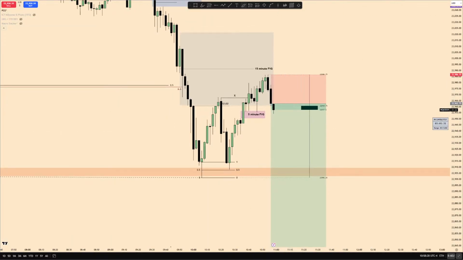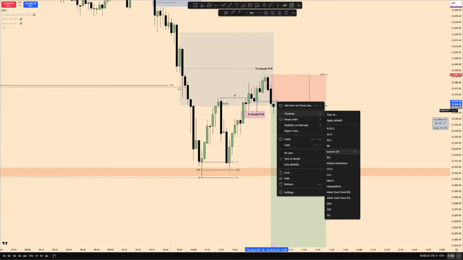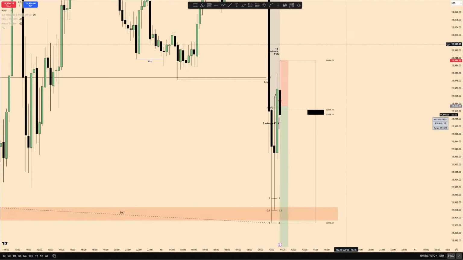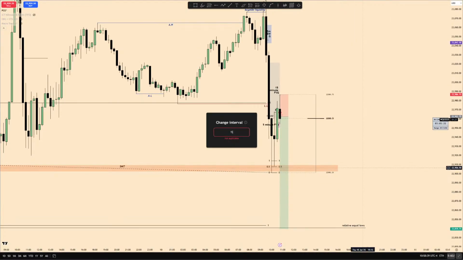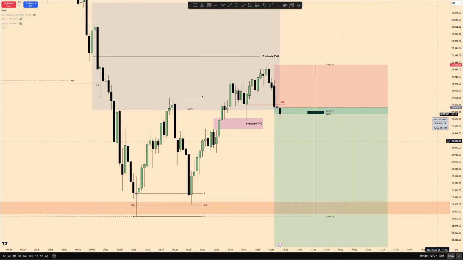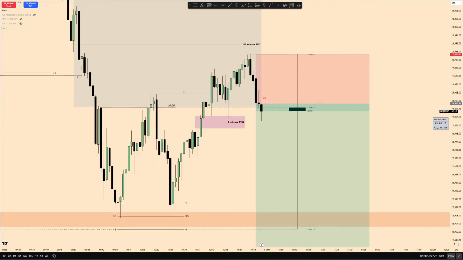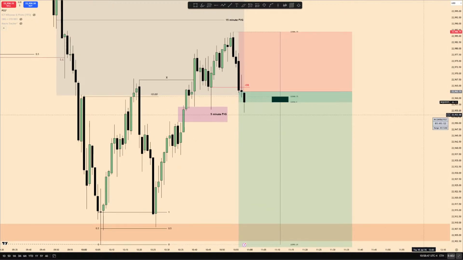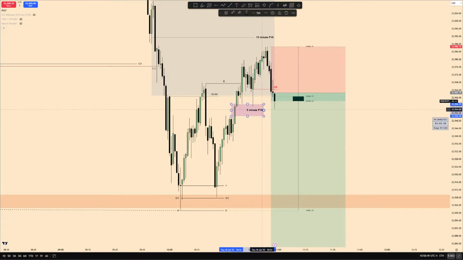2-minute change in state. So a 5-minute inverse would be something.